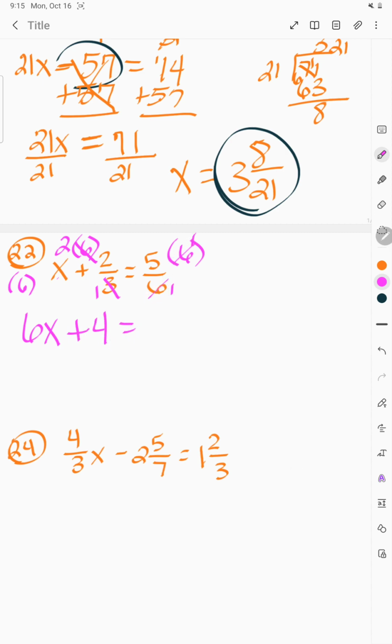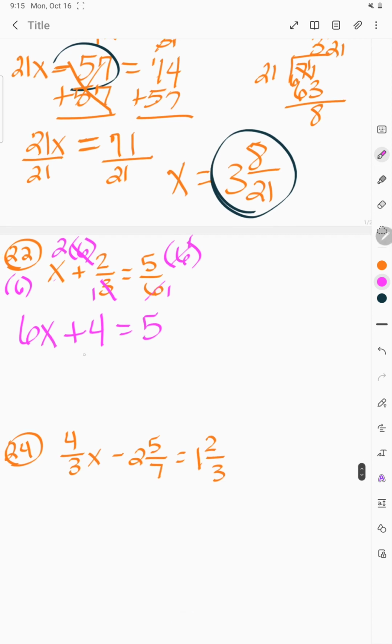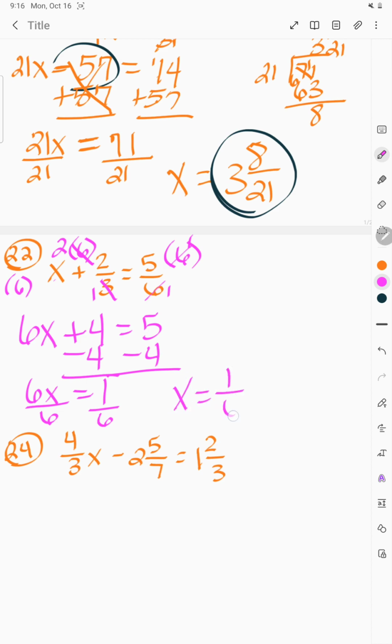And 6 goes into 6 once, leaving me with the 5 on this side. Okay, so the next thing to do is to isolate x. So I'm going to subtract 4. 6x equals 5 minus 4 is 1. And then divide. And x is going to equal 1 over 6.